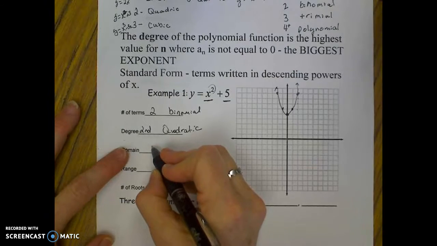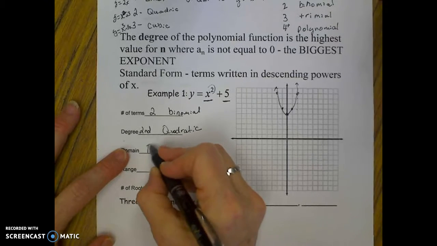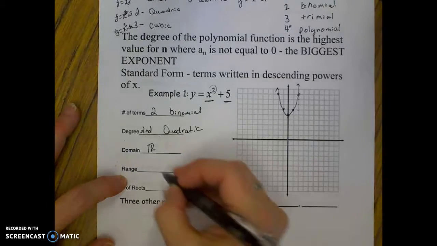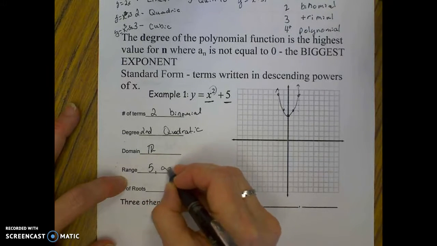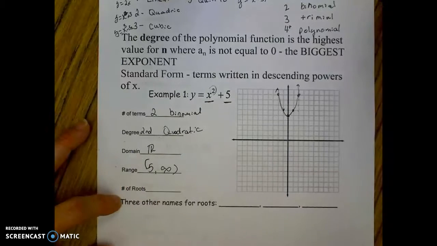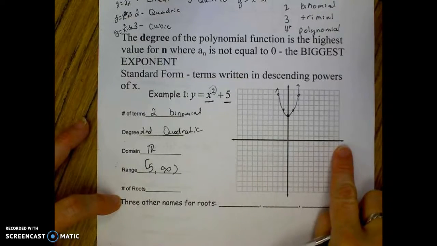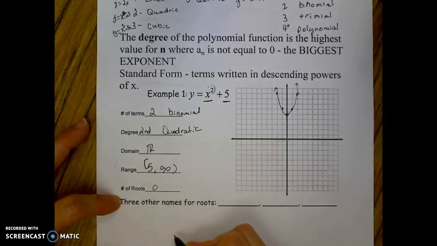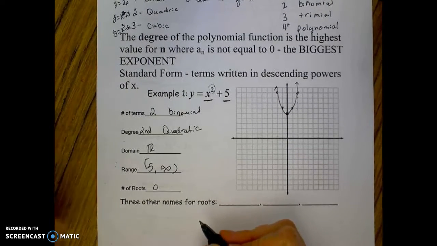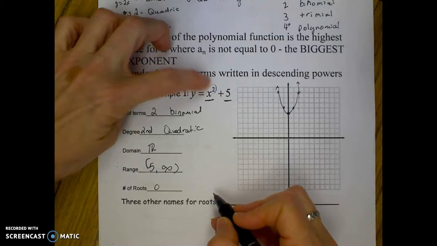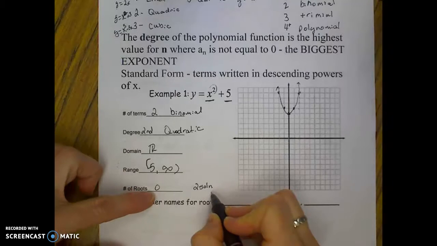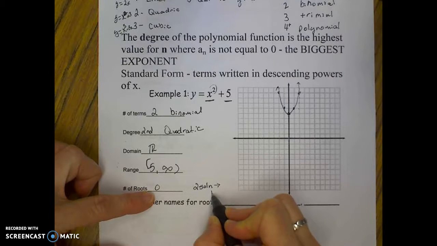Domain for any quadratic is always all real, but the range is going to be based on that vertex, and so this one's 5 to infinity. The number of roots is how many times it crosses the x-axis. Well, this one has 0 roots. How many solutions does it have, though? It is quadratic, so we know it has 2 solutions. Since there are no roots, that means they must be imaginary.